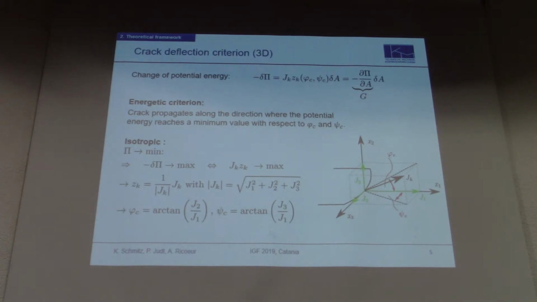From this condition, we can calculate our crack deflection angles, which depend on the components of the three-dimensional J integral vector that we have to calculate. So we have those two angles, phi and psi, which are calculated as you can see here.